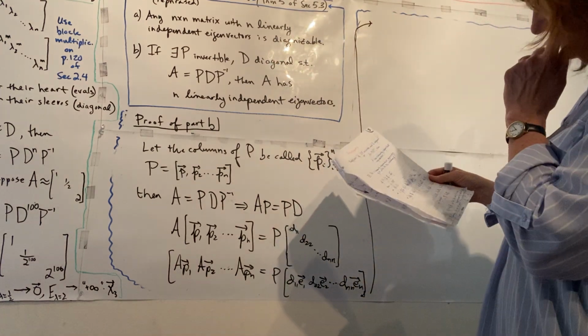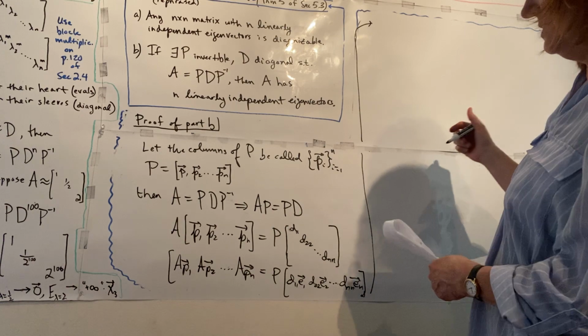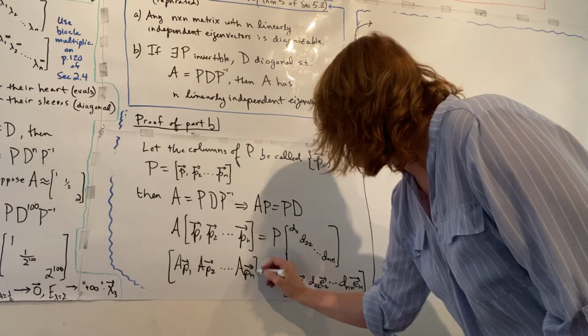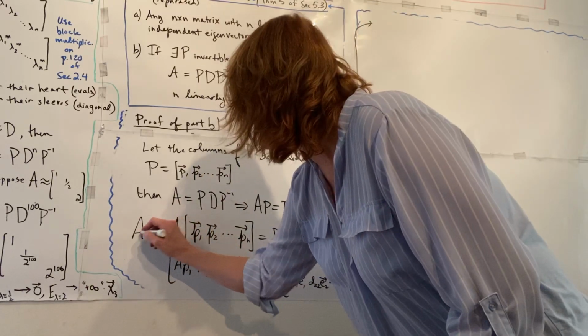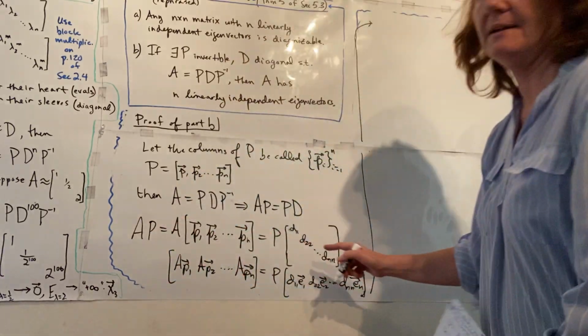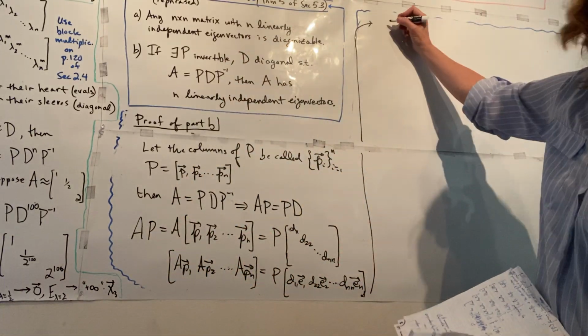And so that gives us that this matrix here, which is AP, equals that.